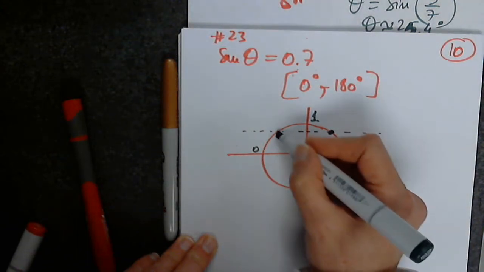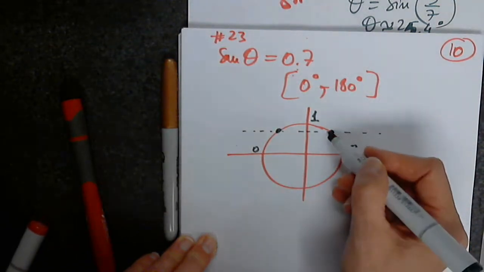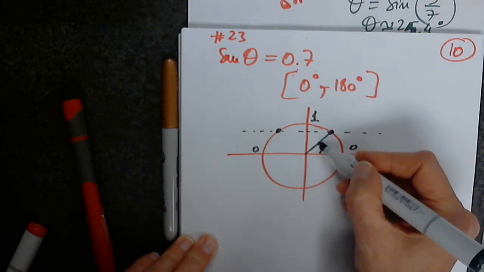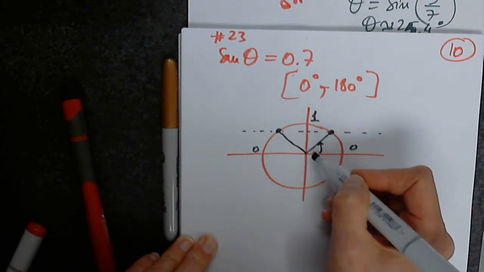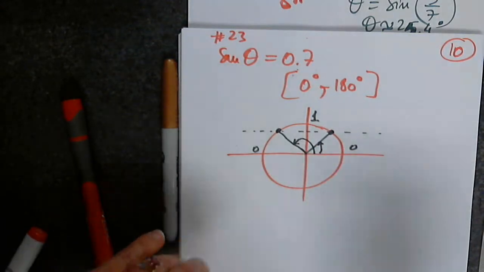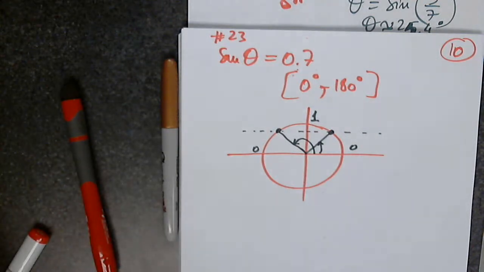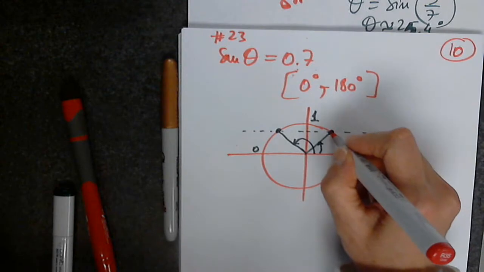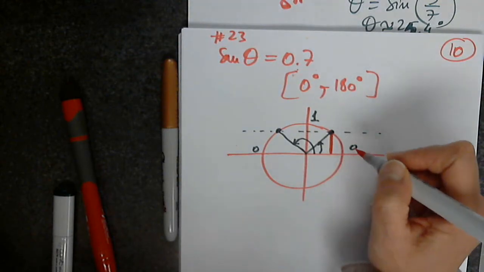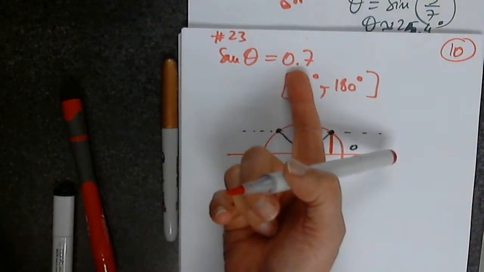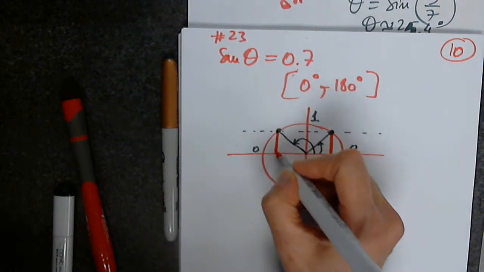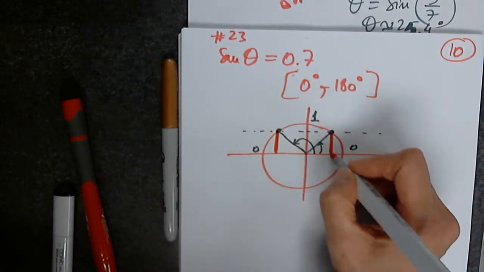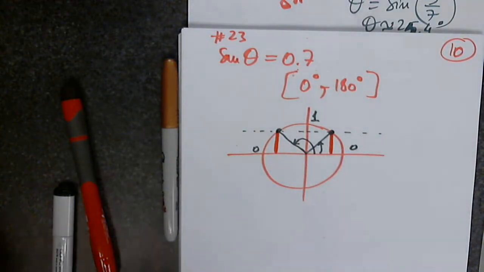At 0.7, I'm going to draw a horizontal line. Where it meets the circle, I will have one angle, and I will also have a second angle with the same sine. How much will the sine be? 0.7. This height is 0.7, and this height is 0.7.